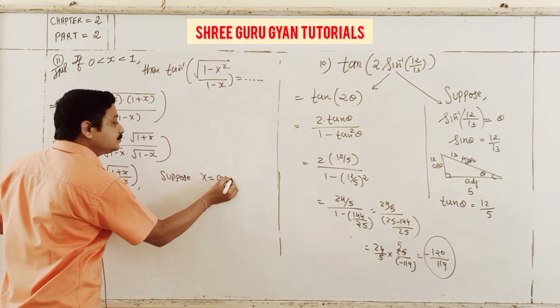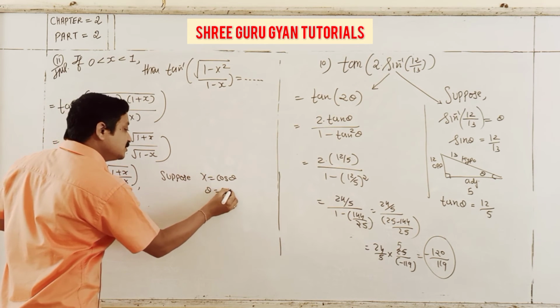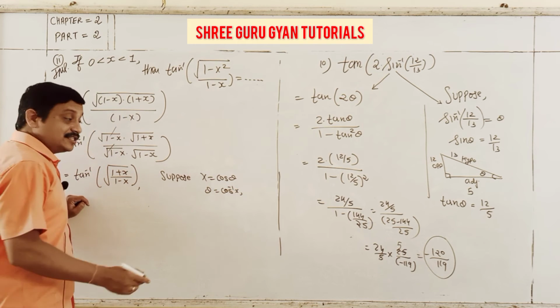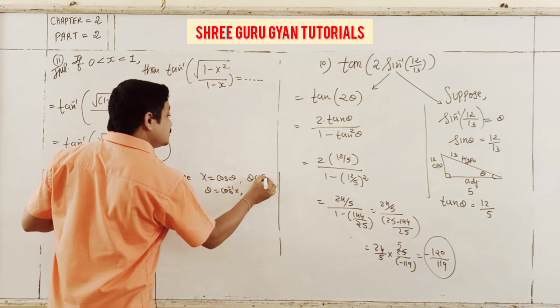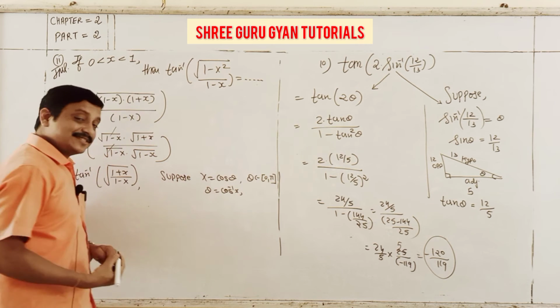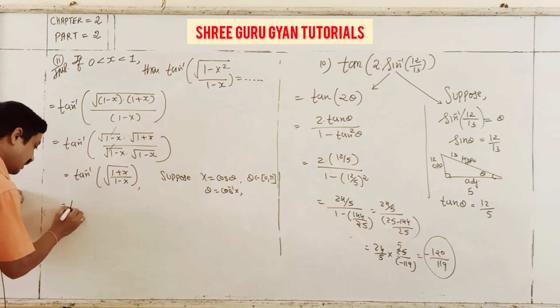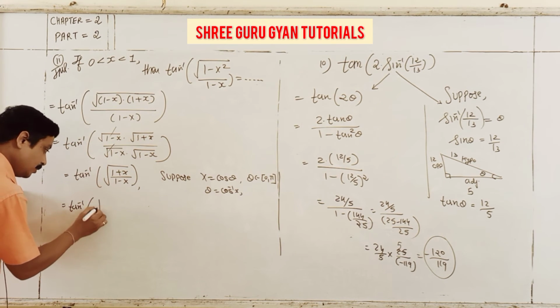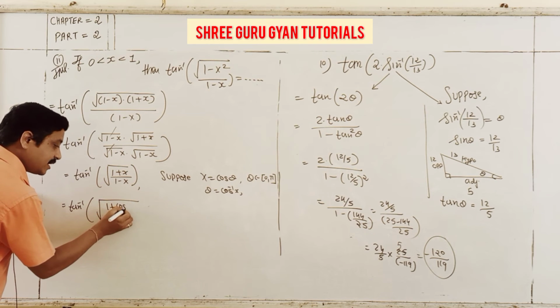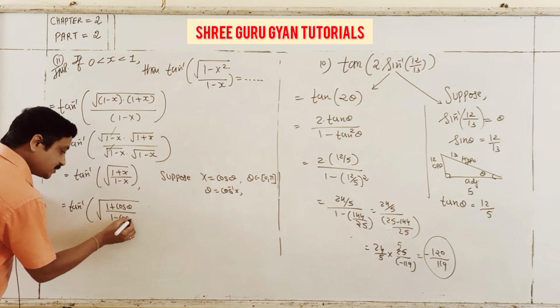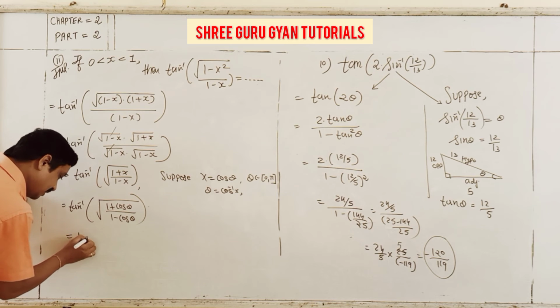If I assume theta is cos inverse x, the range is theta belongs to 0 to pi for cos inverse x. Putting down your values, under root (1 plus cos theta) over (1 minus cos theta), this formula I think you know.